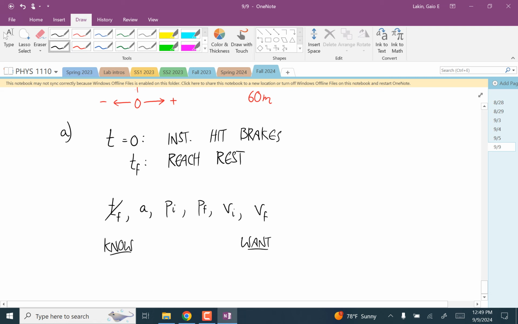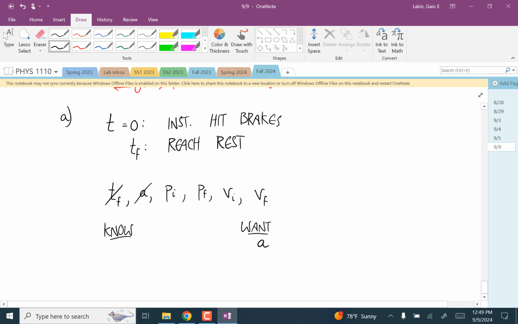It doesn't go anywhere. Do we know the acceleration? No. Do we want it? Yeah, that's the thing we're trying to find on this one. So I'll put it over there. Do we know the initial position? Remember, that's the position when the stopwatch goes on. Yes, we do.